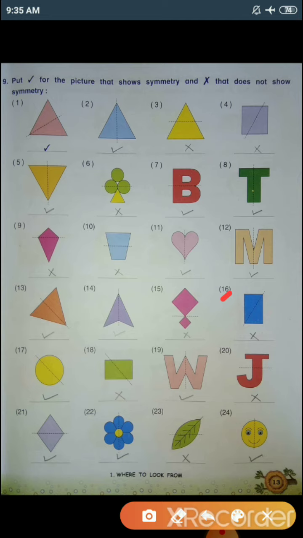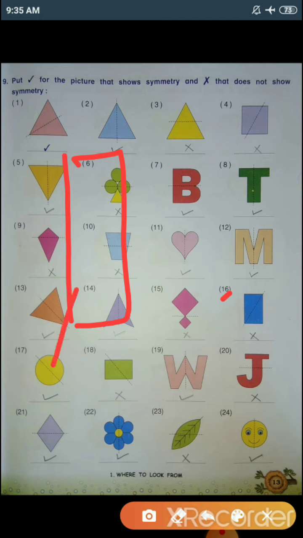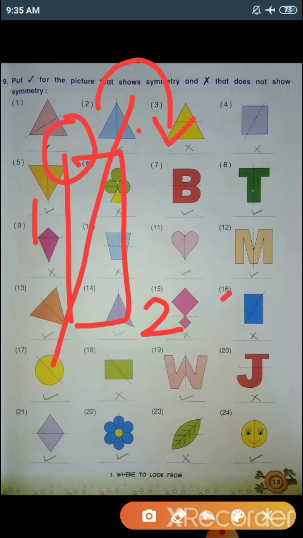Now number 16, one rectangular shape you can observe and one slanting line divides this shape. Okay, so this one is part 1 and this one is part 2. We can see that if we see from this side and after that we observe this side, both the sides are different from each other.